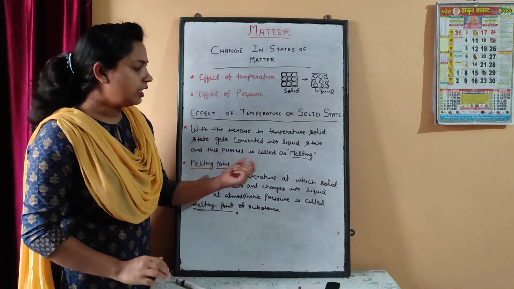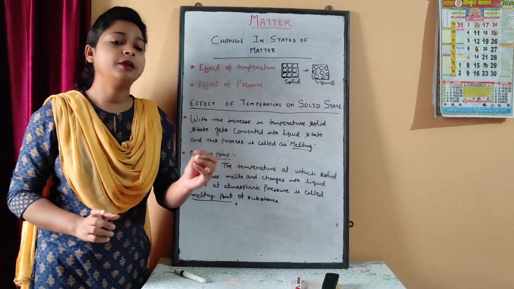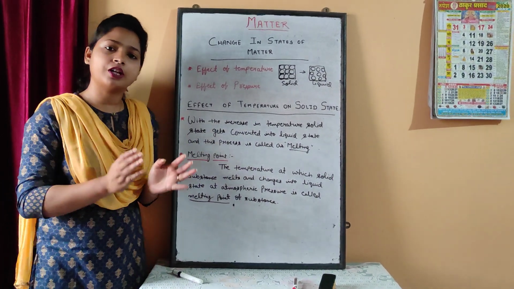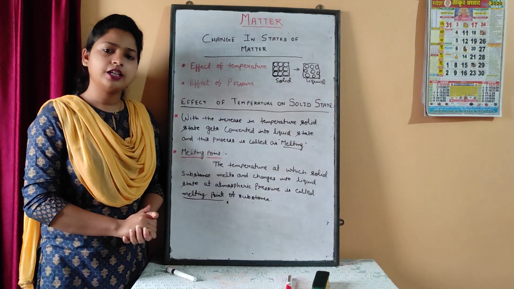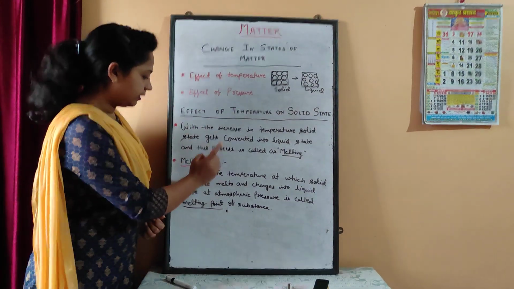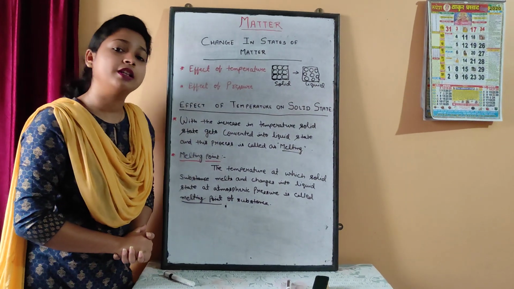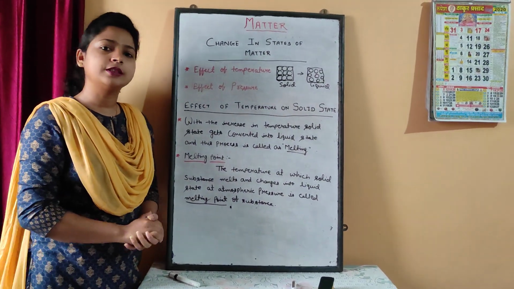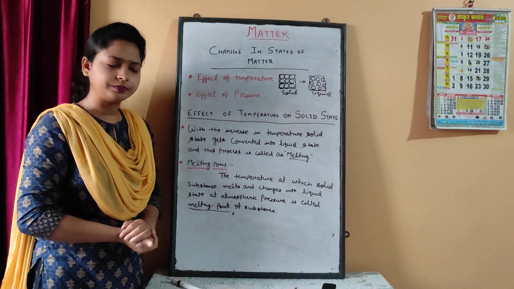Got it? Now here we get a term, melting, right? What is melting? Melting is a physical process of conversion of solid state into liquid state. Correct? Now one more term can come from here, melting point. What is melting point? Students, melting point means a certain temperature. Clear?